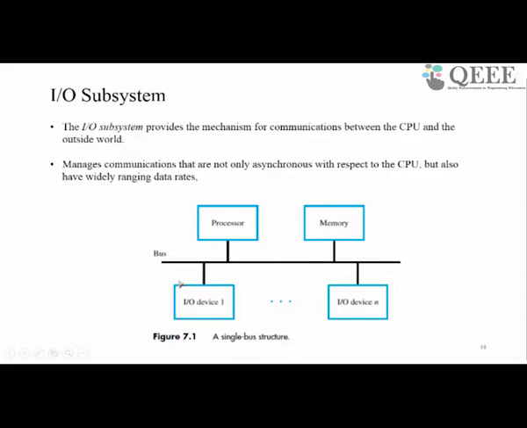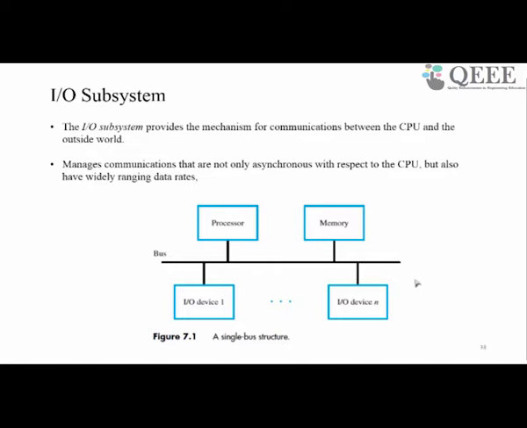So now we will get into the next part of this lecture, namely the I/O subsystem. In the I/O subsystem, basically we are interested in interfacing a number of I/O devices with the processor. The I/O subsystem will have a number of I/O devices connected to the bus, which already interconnects the processor and memory.